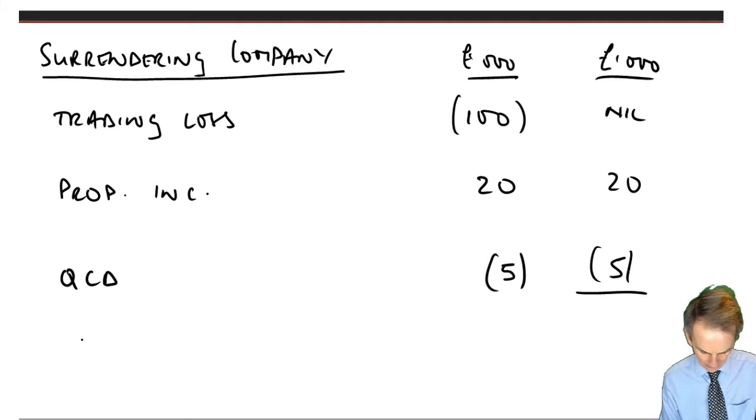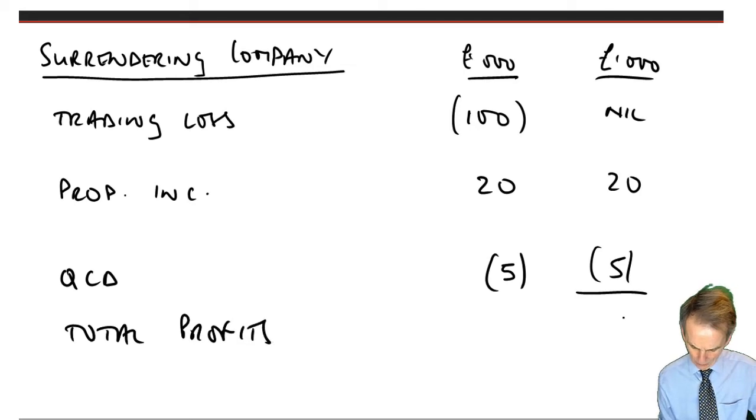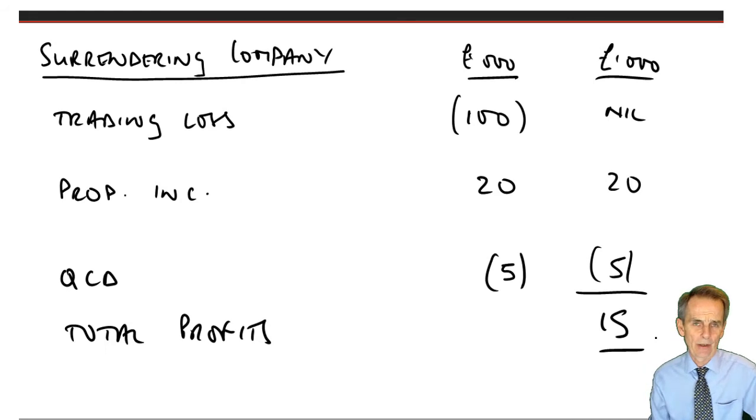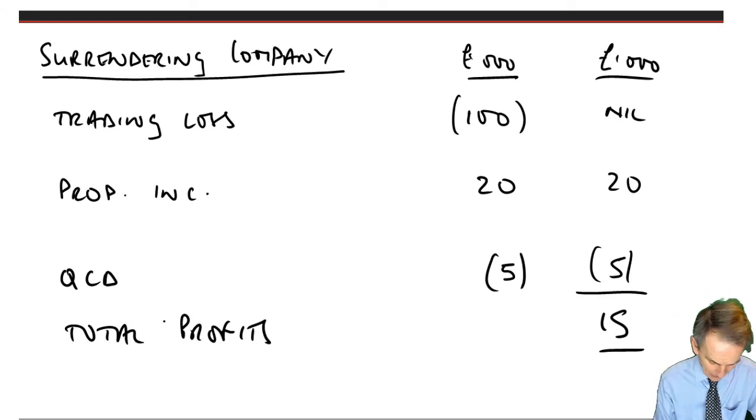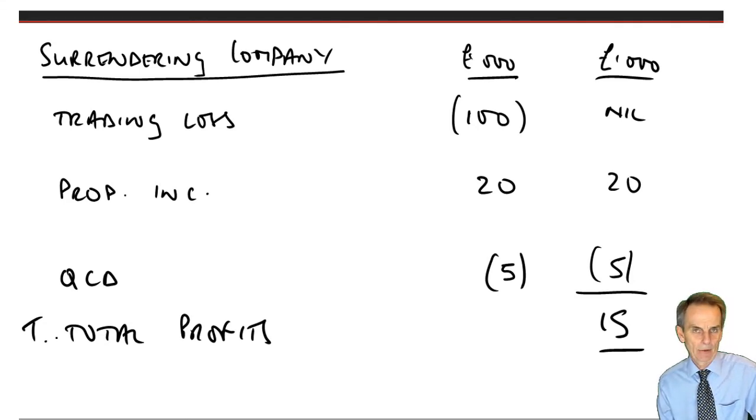So at the moment, before anything else is done, on its corporation tax computation, even though it's made a loss of £100,000, it is still showing a TTP, total profits, taxable total profits there of £15,000.